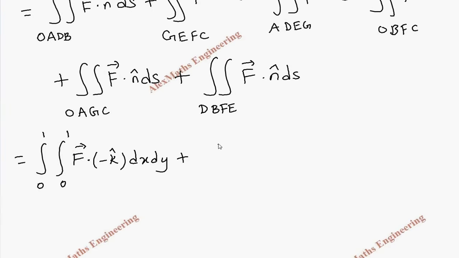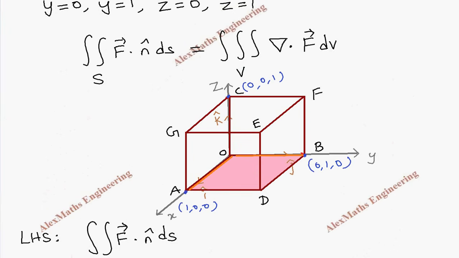Now coming to the top surface. We completed the bottom surface, now the top surface is here. In the same way, the n cap for this surface will be something like this, and we see it is along the k direction, so it is plus k cap.